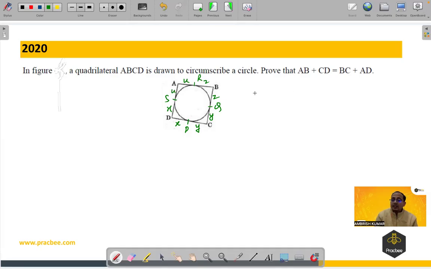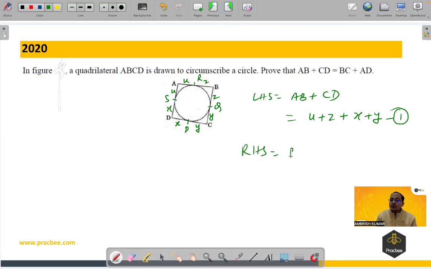Now see, the left hand side is your AB plus CD. Look how things become easy here. AB is your u plus z, and CD is your x plus y. That's it. This is equation number 1. The right hand side is your BC plus AD.